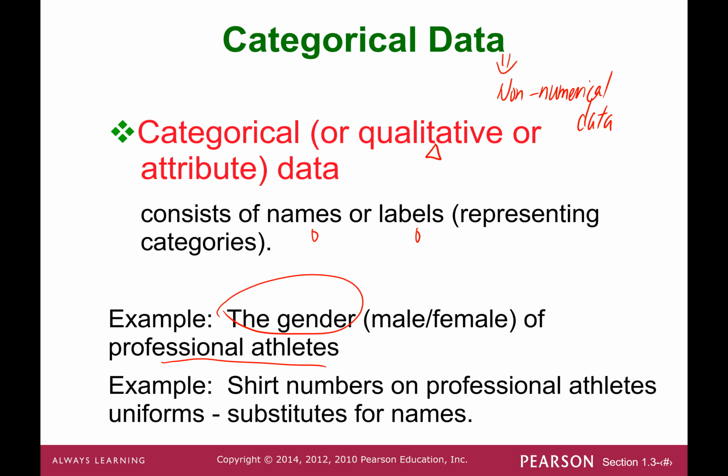Also the shirt numbers on professional athletes, used in place of their name, are categorical data. Let's say number 17 or number 20 actually represents each athlete who wears those numbers. Another example could be your favorite color. Definitely categorical data.